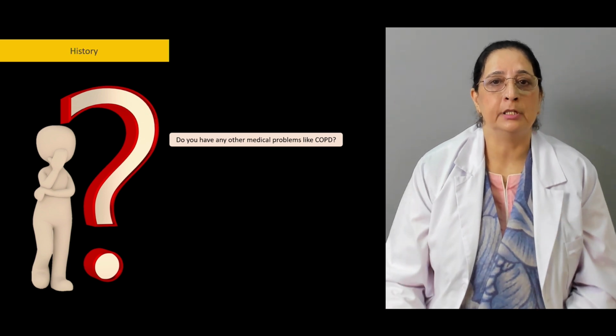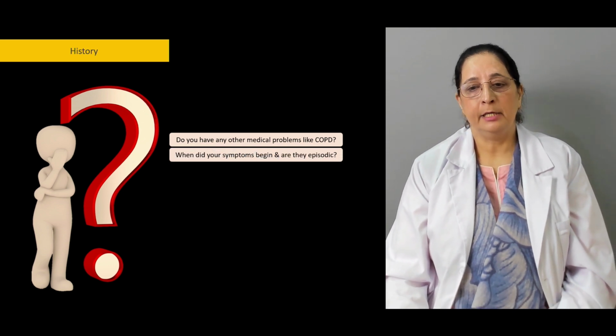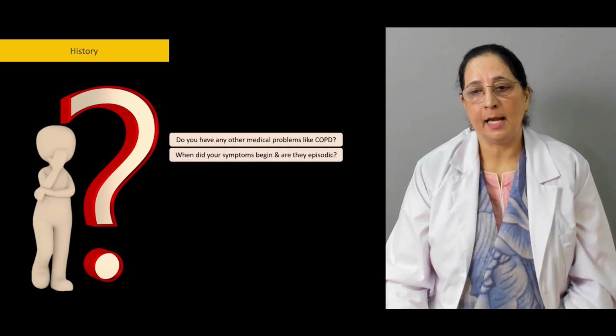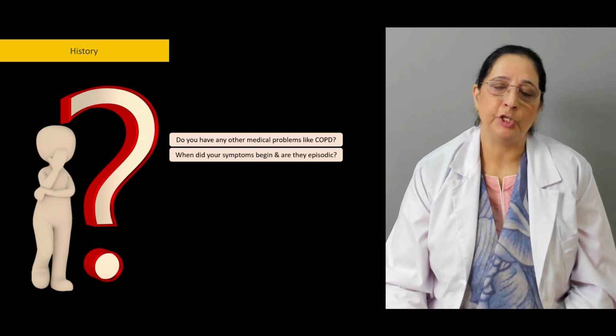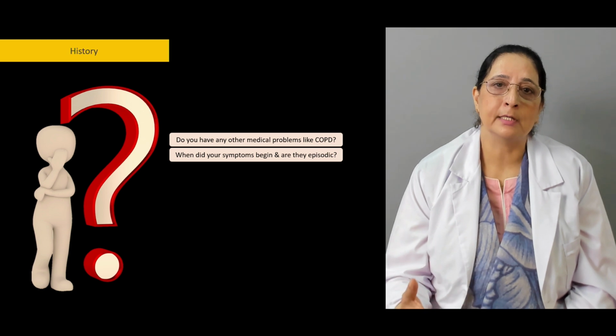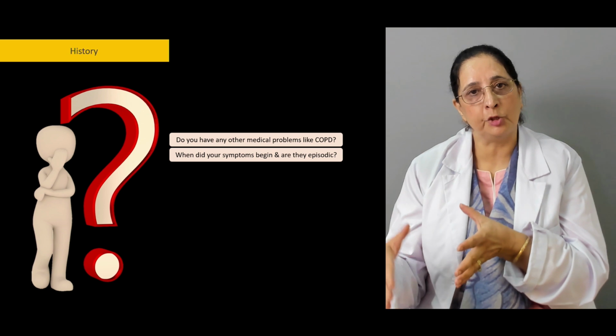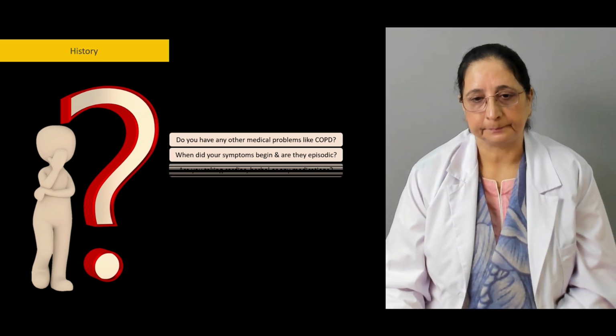So I ask the patient if they have COPD. When did your symptoms begin and are they episodic? When do the symptoms appear, under what circumstances, and do they occur in episodes or are they constant?